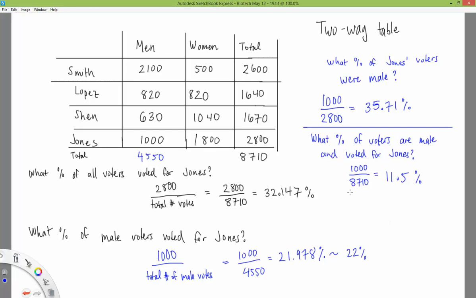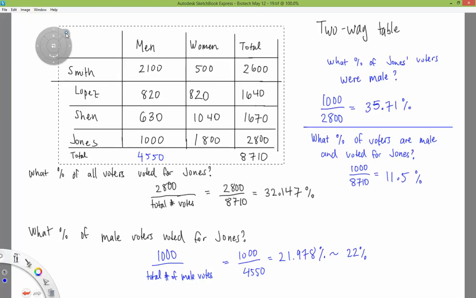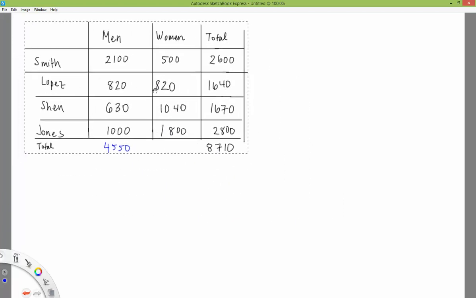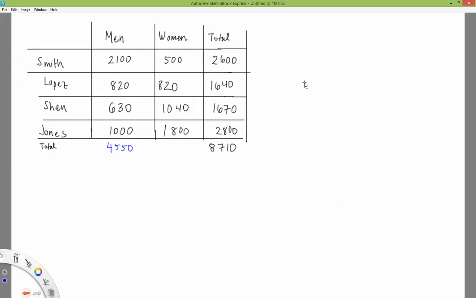So now I want to introduce this concept of what we call independence between variables.